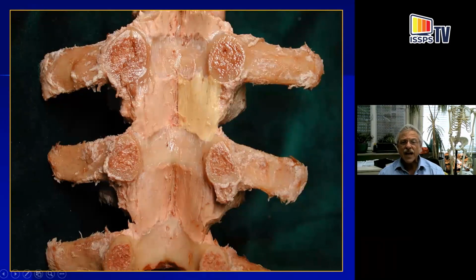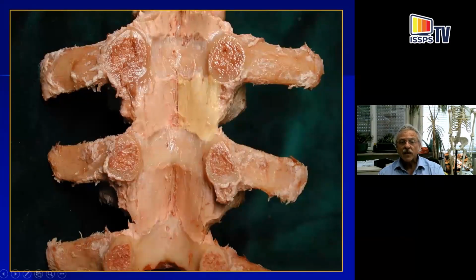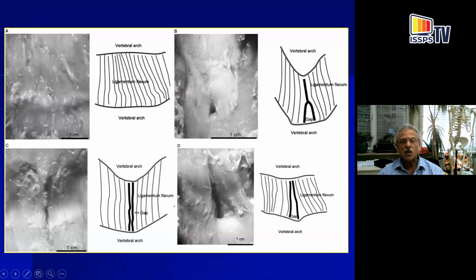It extends far laterally and also attaches to the pedicle of the next vertebra, not only the lamina. This is why it makes the border of the intervertebral foramen. And as you see, there's a little gap, there's a bigger gap here, and these are not so uncommon. And generally speaking, the more caudal you go in the lumbar spine, the less frequent these gaps will be.